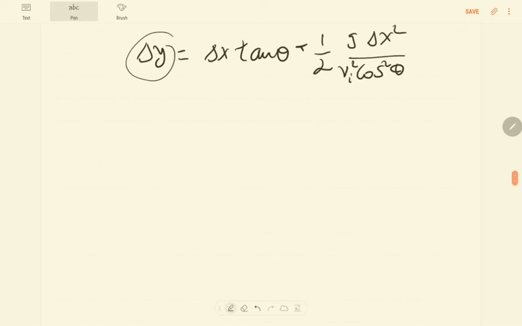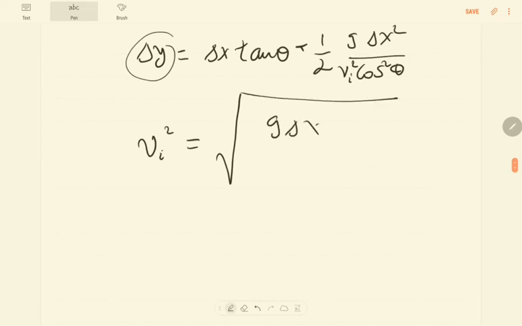So if you rearrange those equations, you could simplify it this way. The initial velocity squared is equivalent to g delta x squared divided by 2 cos squared theta times delta x tan theta minus delta y.